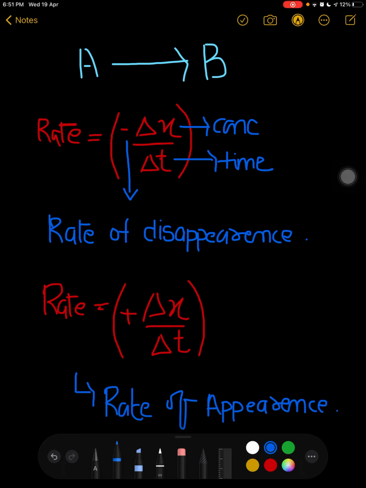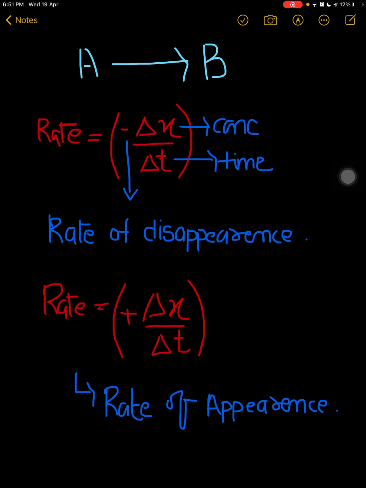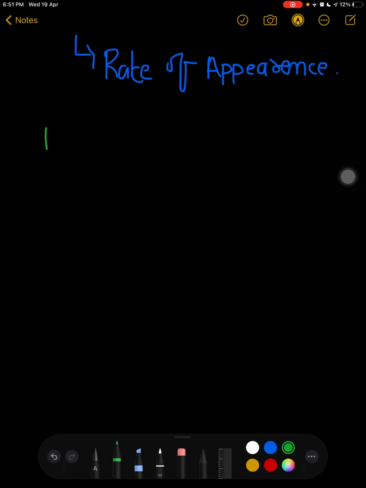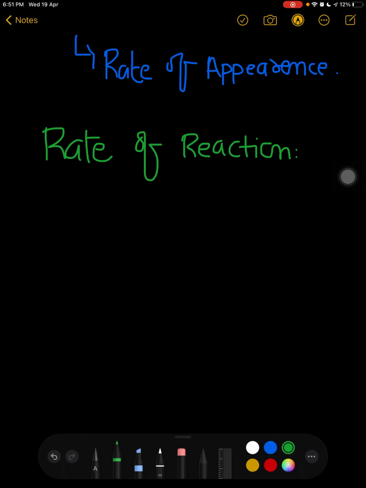Now let us talk about the rate of reaction. Basically we have different kinds of reactions. Let us first discuss the fast reactions.